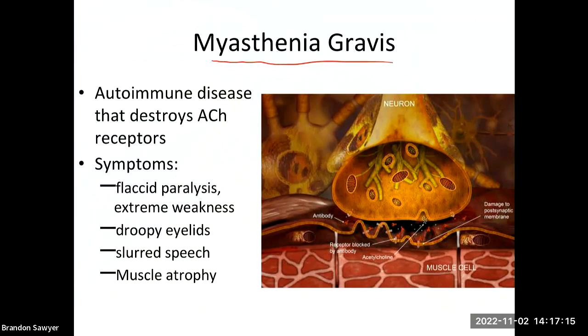So this results in paralysis and weakness, with symptoms like droopy eyelids, slurred speech, muscle atrophy, and we start losing our ability to contract muscle. This is a pretty serious autoimmune disorder. Okay, so that's that one.